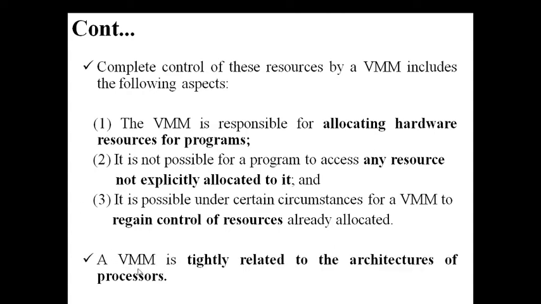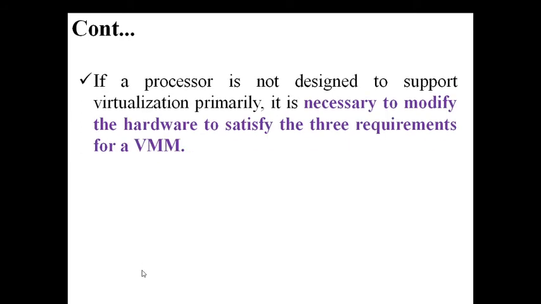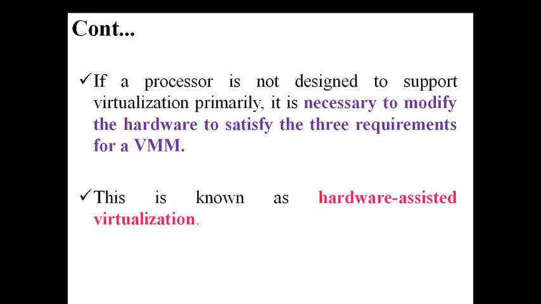The VMM is tightly related to the architecture of processors. If that is the case, what we have to do is not give full control of our resources to any virtual machine monitor. So we have to shift to paravirtualization.